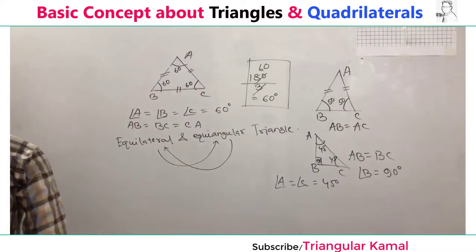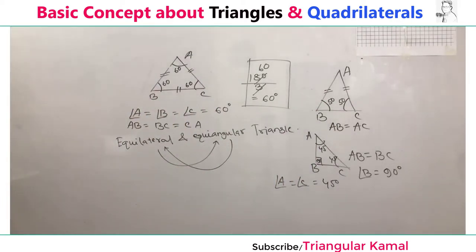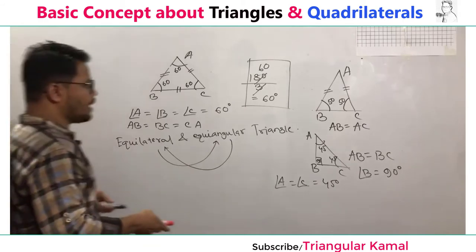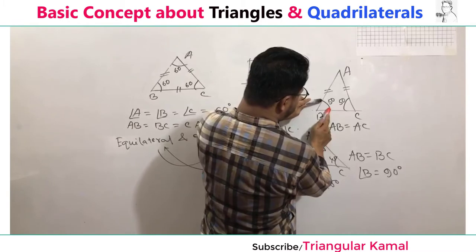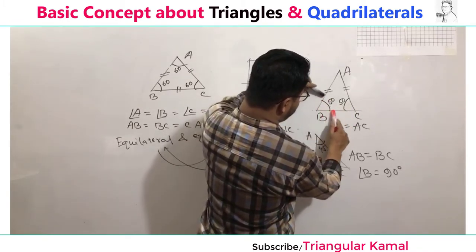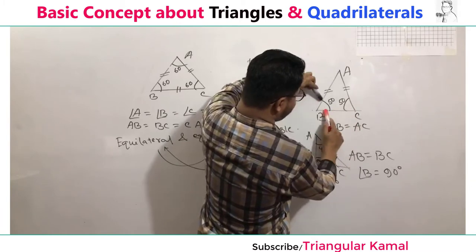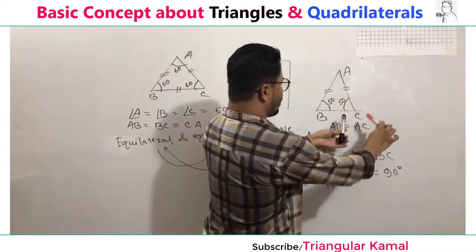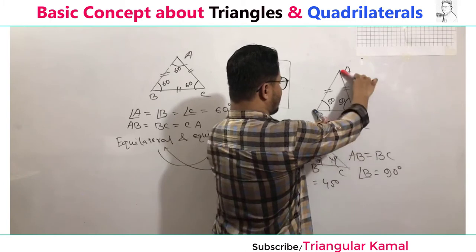Like this one, sorry. When you see here, this angle is equal to this angle. So the opposite side of angle B is AC. The opposite side of angle C is AB.